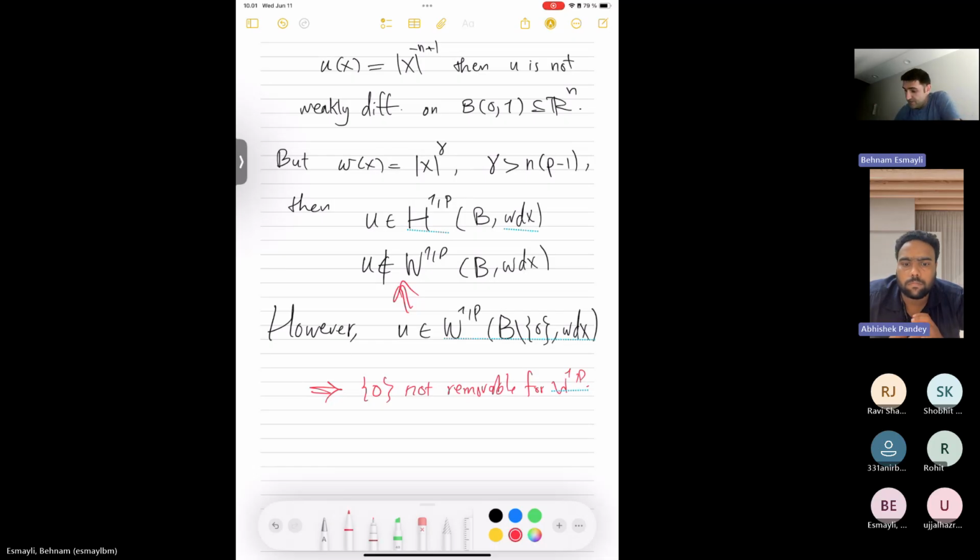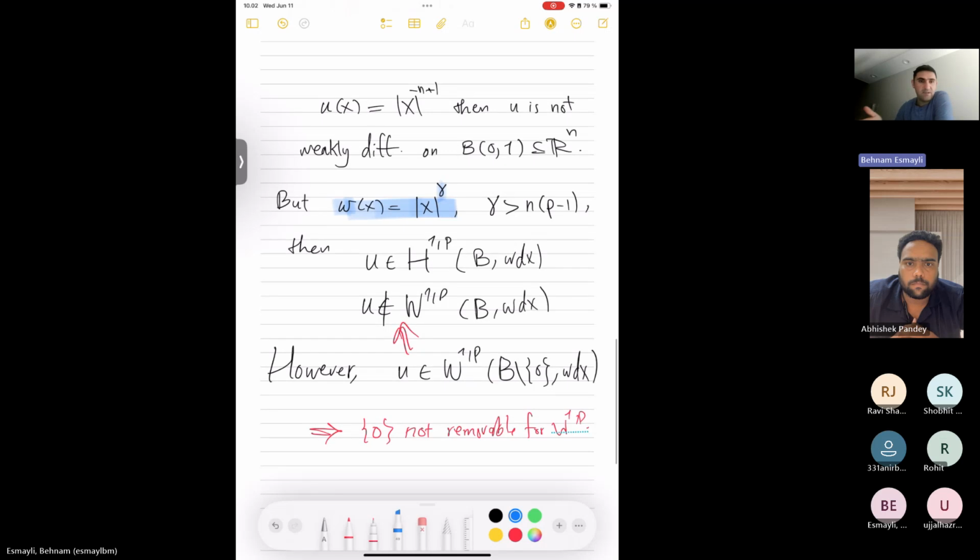And then I must mention that this weight is actually P admissible. It's a nice weight. It's not a Muckenhoupt weight. It can't be, because we know with Muckenhoupt weights, H1P is equal to W1P. In particular, from our result, if your weight is Muckenhoupt, we have actually proven W1P removability. But we see that the moment you leave the Muckenhoupt class, things are very different.